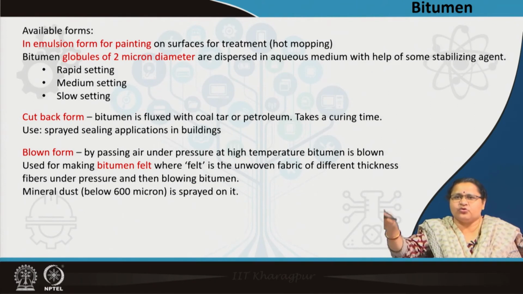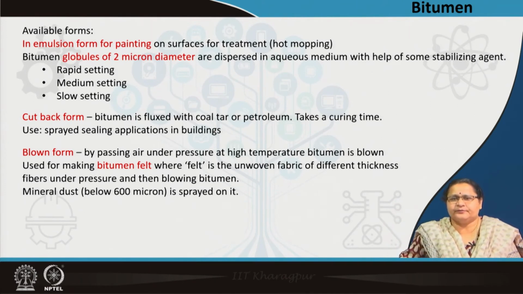So, that passes into all the gaps of the unwoven fiber which is the felt and which is available in different thicknesses, and under pressure the bitumen moves into it when it is blown. So, these tar felts, the bitumen felts which we see, are actually blown form of bitumen. It is not pure bitumen, it has woven fabric, unwoven fabric inside it, which is called felt, and hence it is called bituminous felt.